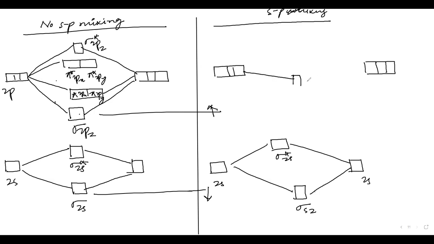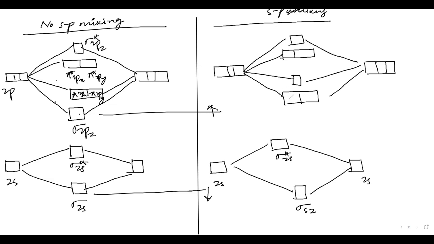So first we will meet sigma 2pz, then the pi orbitals will be downwards. Above nothing has changed. Above is the same. Now this is pi 2px, 2py. This is sigma 2pz. This is pi star. This is sigma star 2pz.